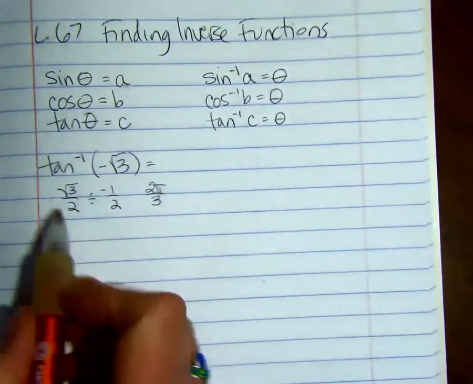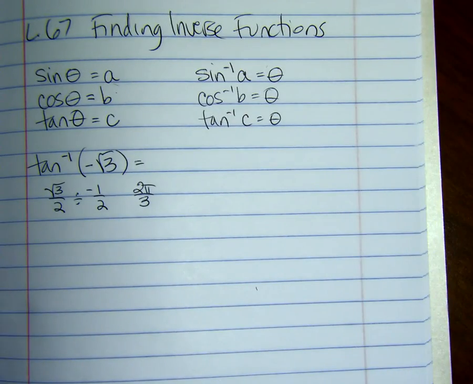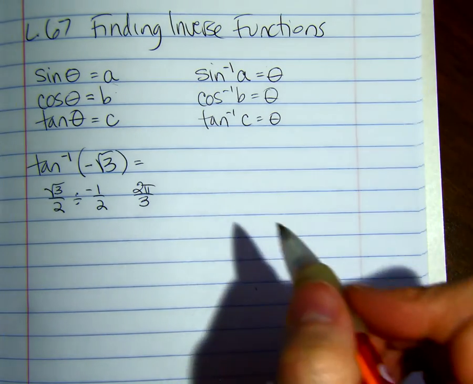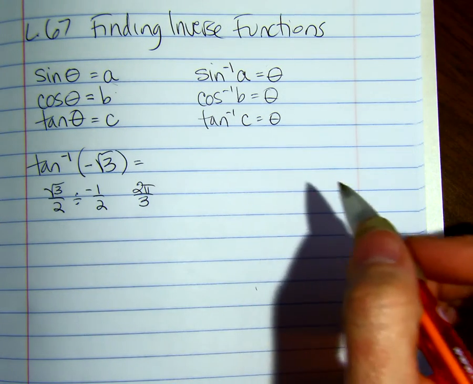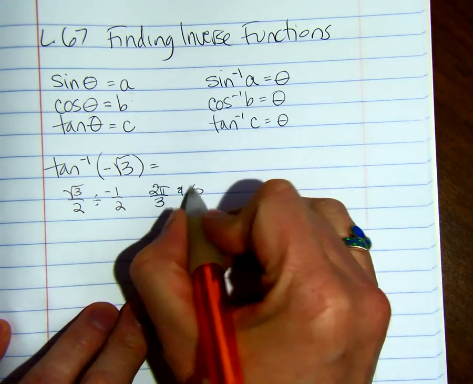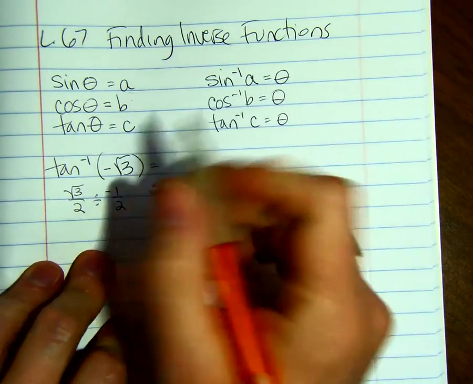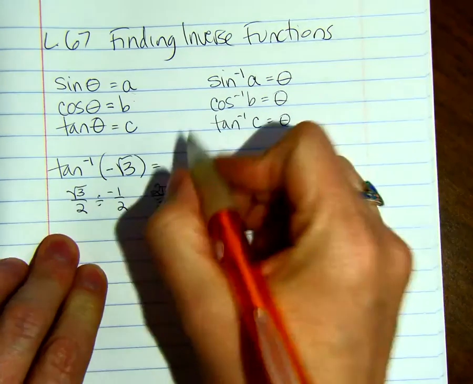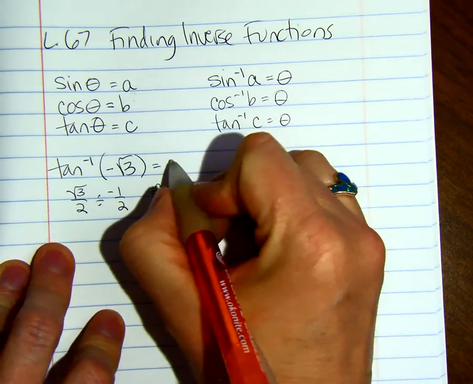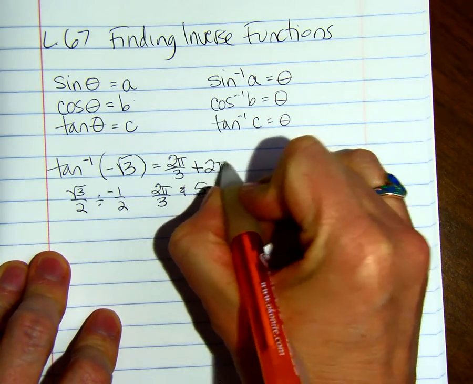Oh wait, there's another one that's negative root 3 over 2 divided by 1/2. And that one is where that's negative and the other one's positive. Right here, 5 pi thirds. So since we're going to do all the values for this one, tangent inverse of negative root 3 would be 2 pi thirds plus 2 pi n.